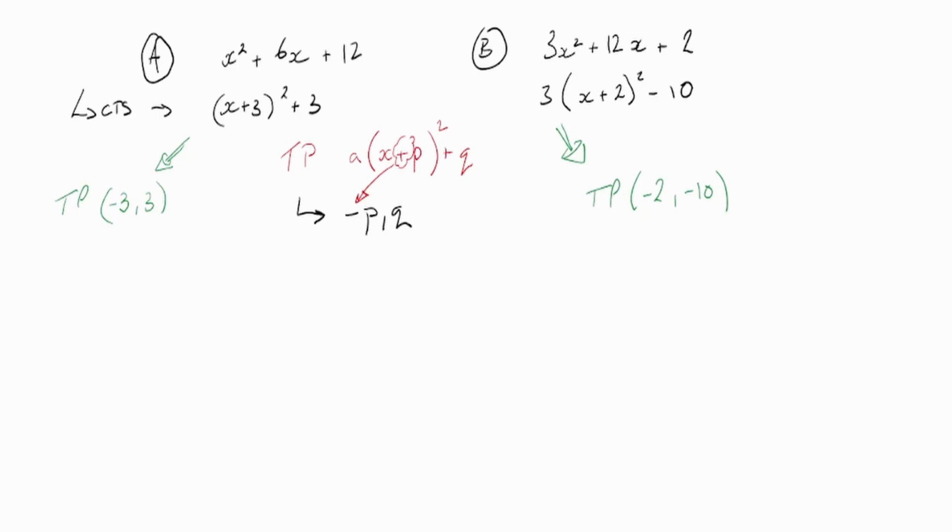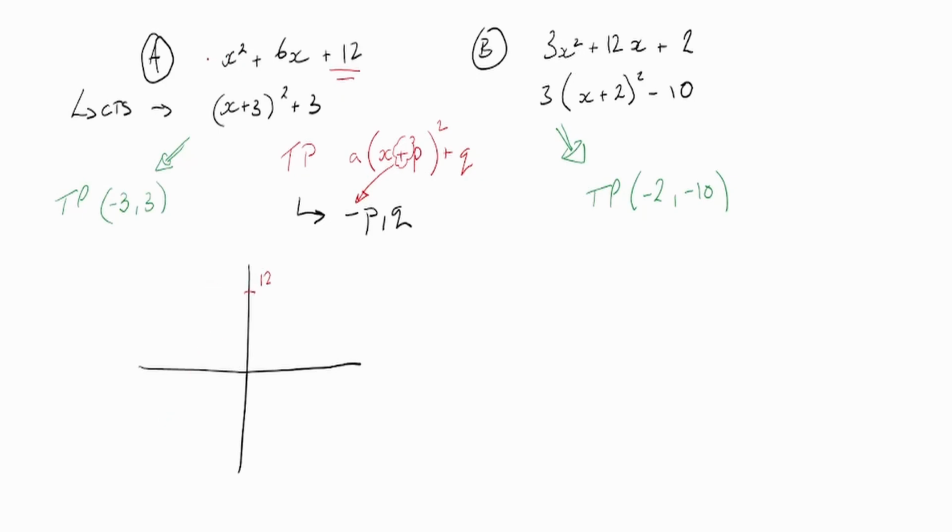That would be my bonus point on this. So if I were to sketch this out, then I know that for this equation, it cuts the y-axis at plus 12.